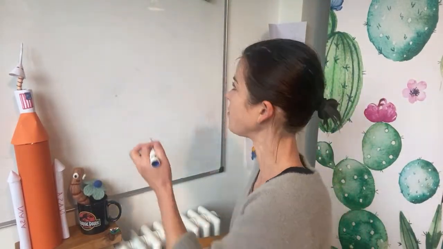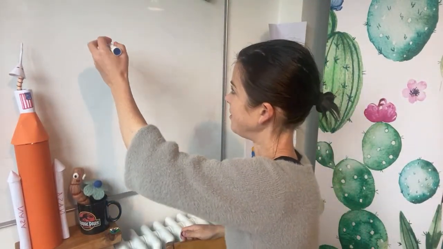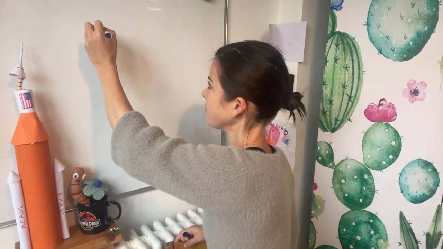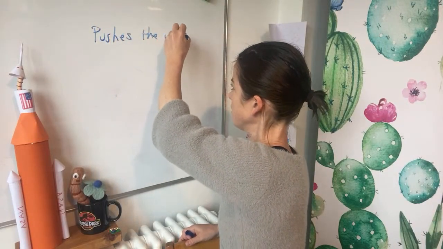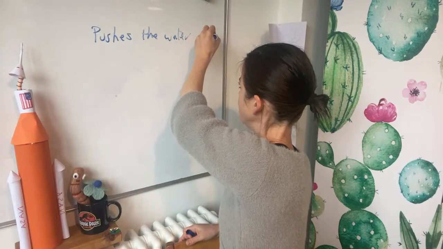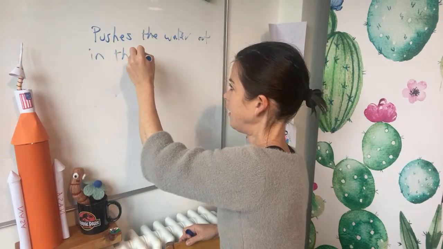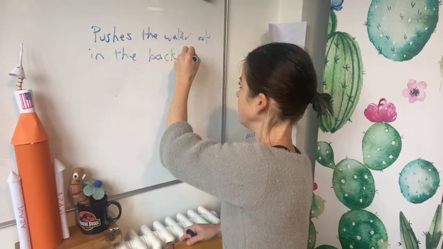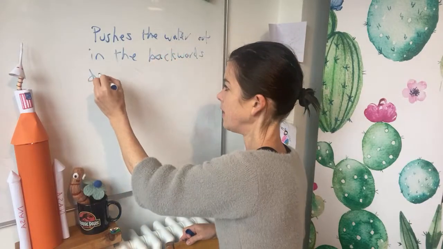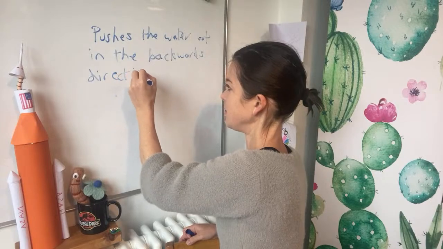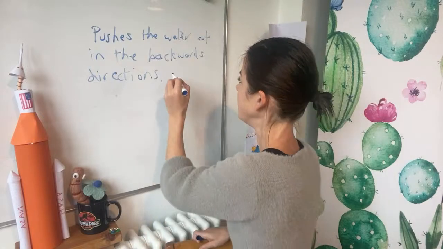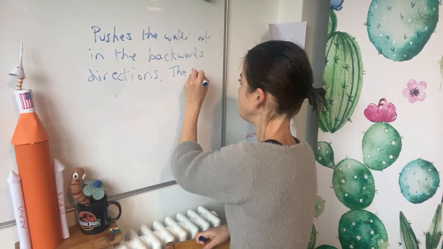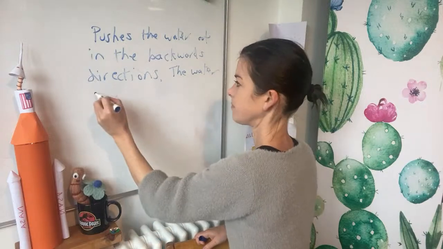So I think what I would say is: an octopus fills its body with water, then pushes the water out in the backwards direction, because it's going to help me to say why it goes forwards. The octopus pushes the water out in the backwards direction. The water pushes back. How does it push back?